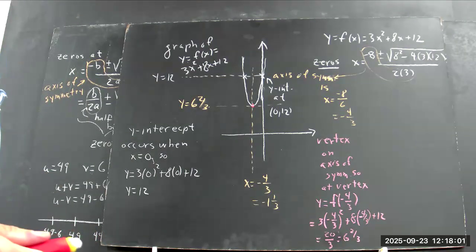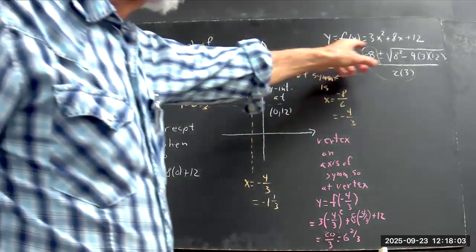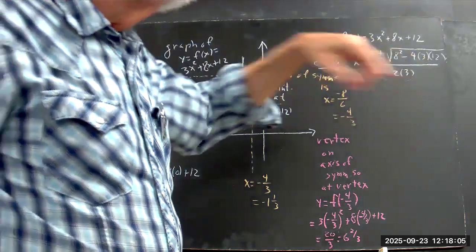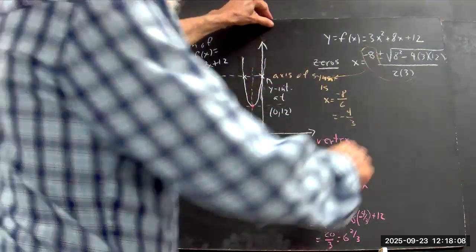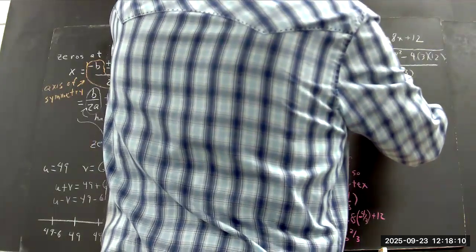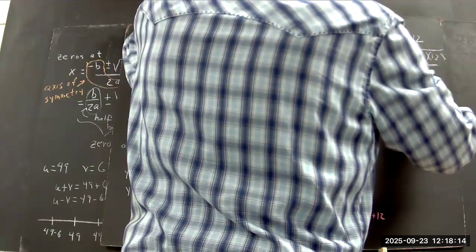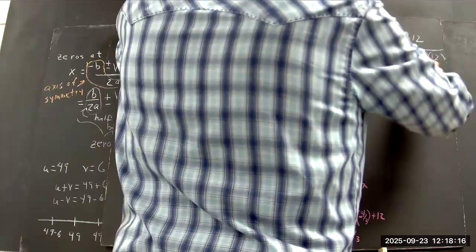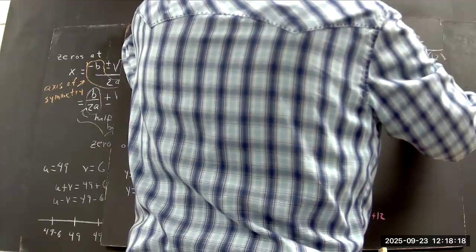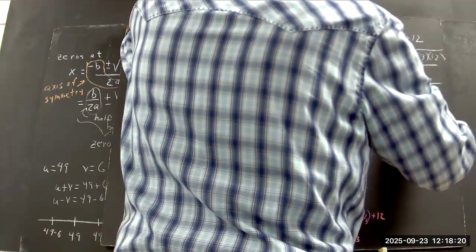Okay. Now I haven't used the quadratic formula to find the zeros. Let's just see what happens if I do that. I get -8 plus or minus the square root of 64. Now 4 times 3 is 12. 12 times 12 is 144.